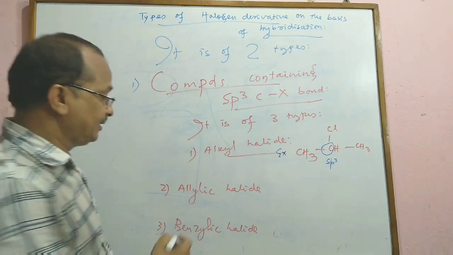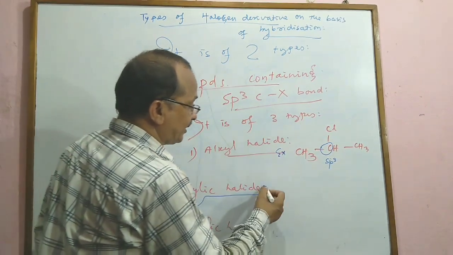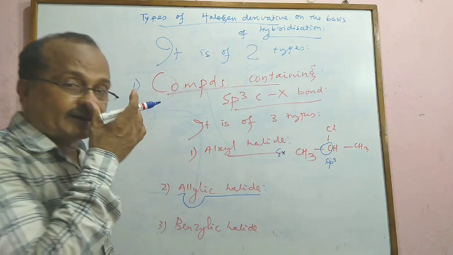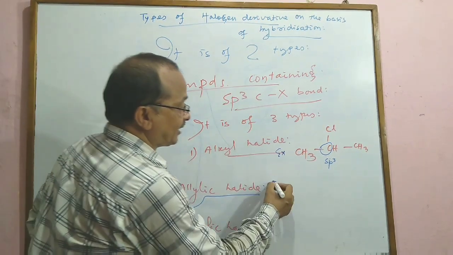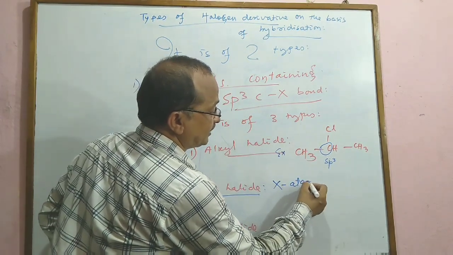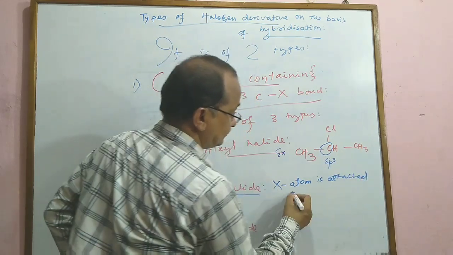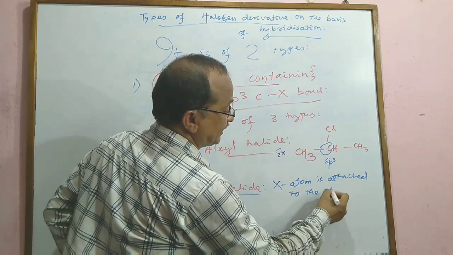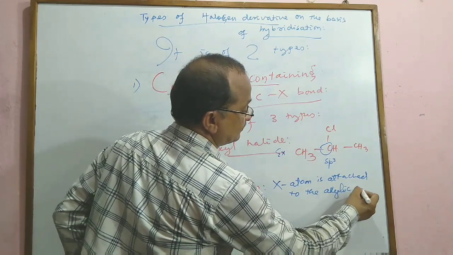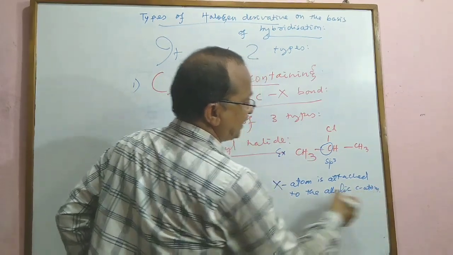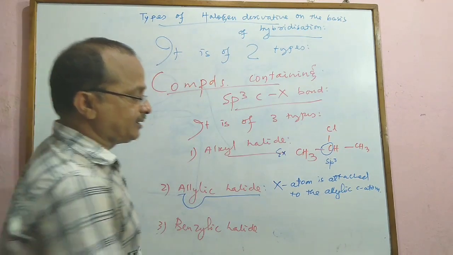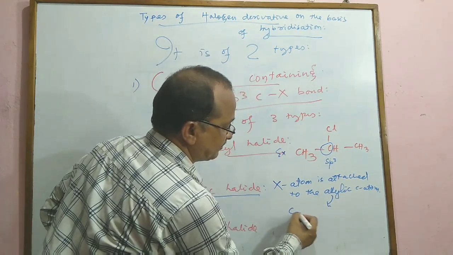Next is allylic halide. What is allylic halide? Here halogen atom is attached to the allylic carbon. What is that carbon atom? Allylic carbon means the carbon atom next to double bond.